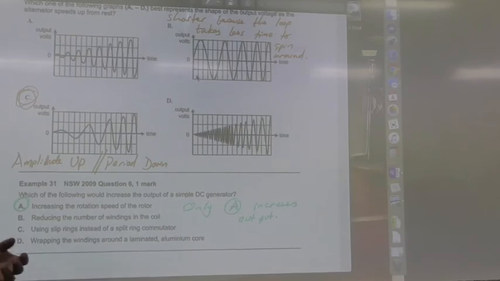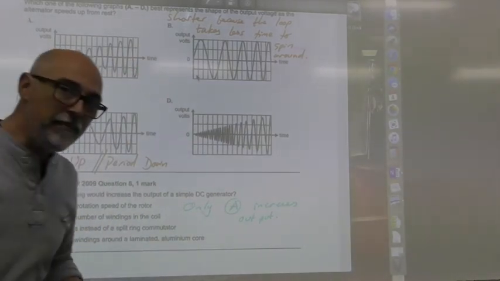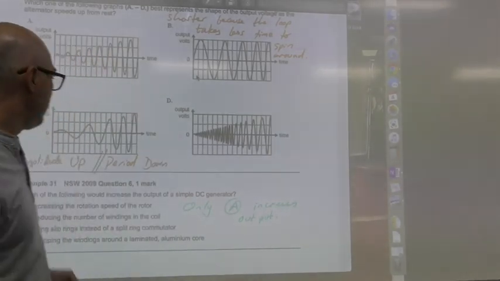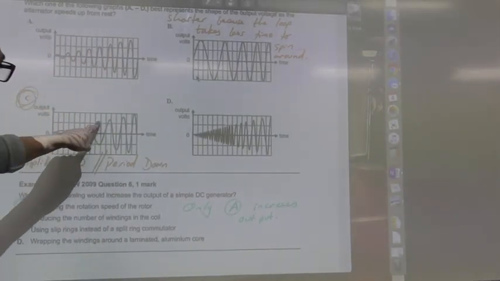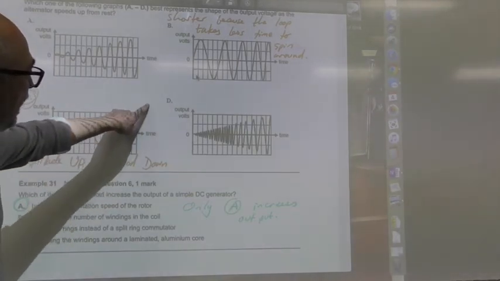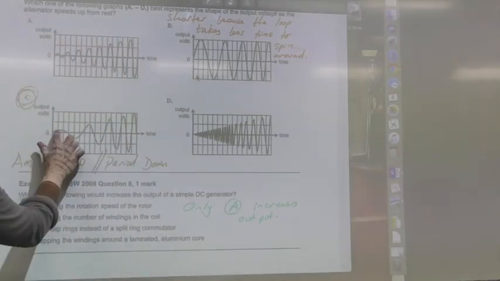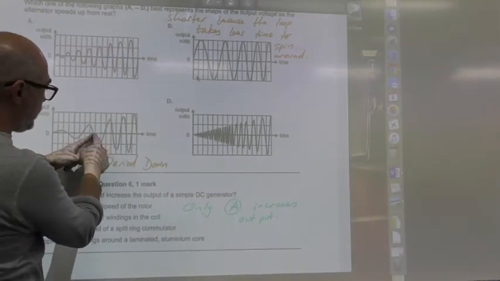And, oh yeah, as you take a loop and spin it in a field and speed it up, two things happen. The output, the amplitude, so the voltage goes up higher and higher, but because you're spinning faster and faster, the period gets shorter and shorter.